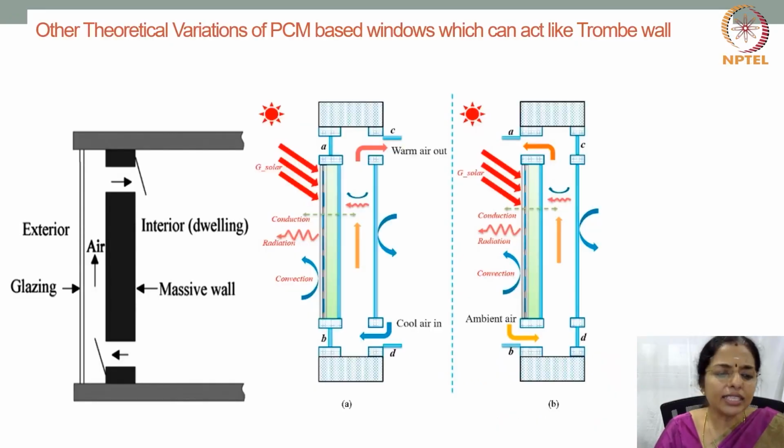I'll just quickly, for the sake of your imagination, tell you that we can have other theoretical variations of phase change material based windows, which can act as a trombe wall, as well as a PCM integrated window. So PCM integrated windows can be used as solar wall and trombe wall.